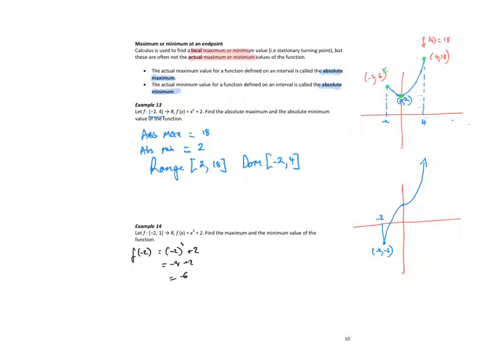So if I put 1 in there, f of 1 is equal to 1 cubed plus 2, which is equal to 3. So my other point, at x equal to 1, is the point (1, 3), and that's my point of inflection. Find the maximum and minimum value of the function. So clearly we can see the maximum is 3, the minimum is equal to -6.